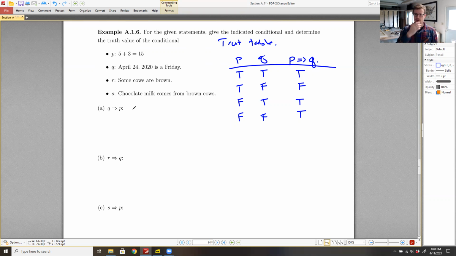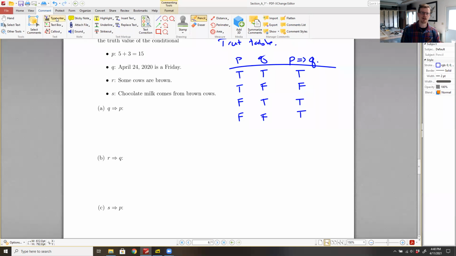So you'll see things phrased like, the conditional P implies Q is false exactly when the premise is true and the conclusion is false, and is true for all other combinations of the component statements. Okay, so you might see something like that.